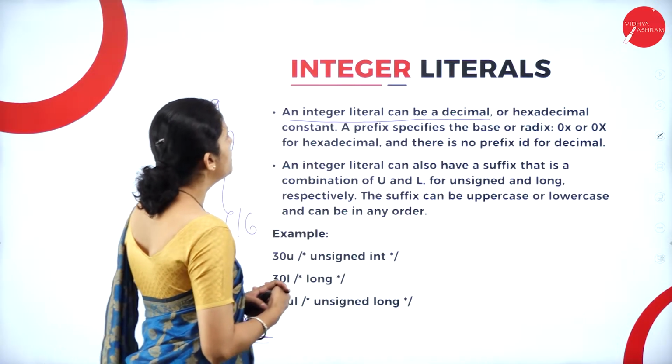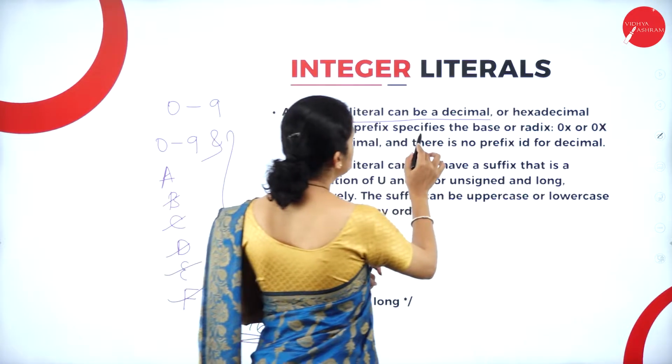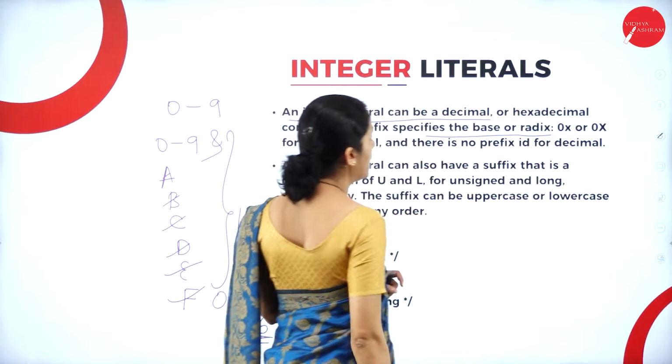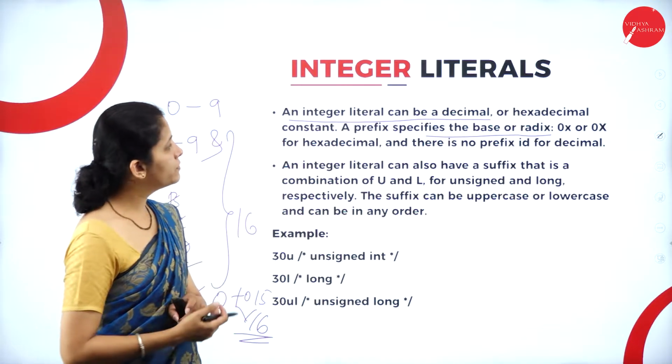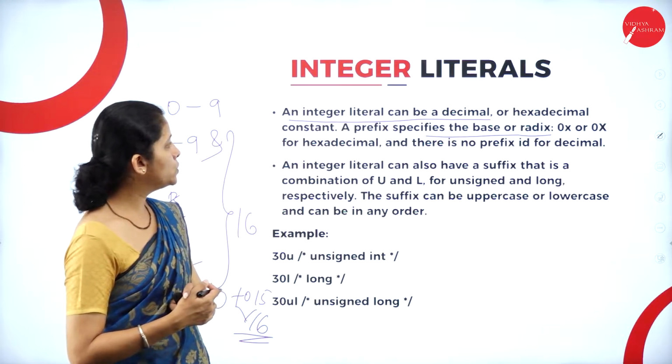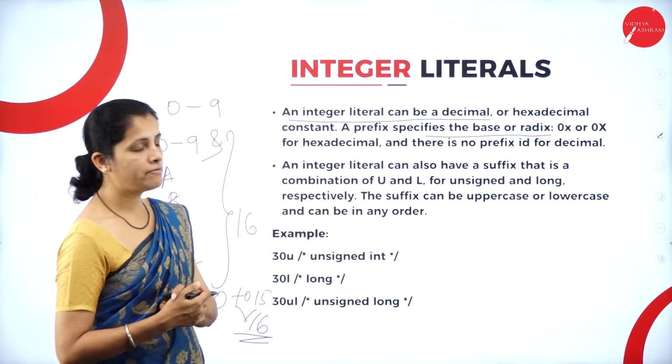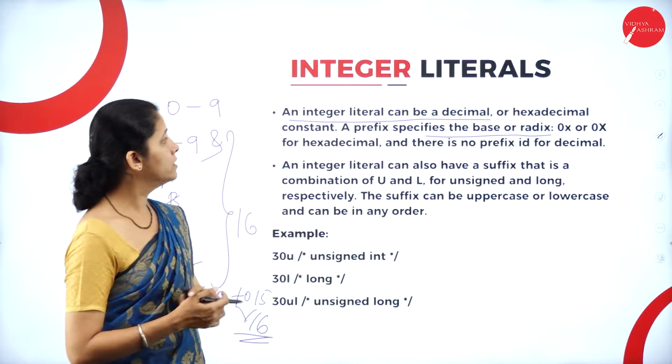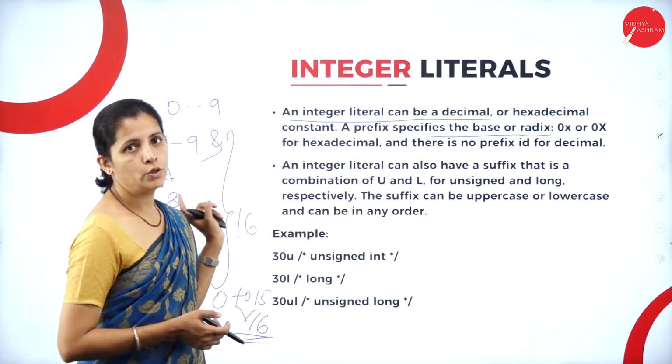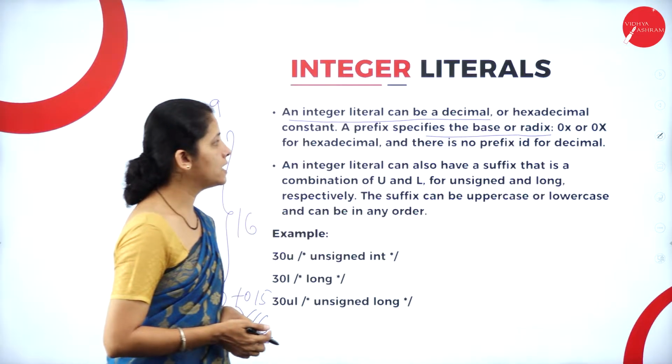constant. A prefix specifies the base or radix. So whatever prefix I'm going to use is going to specify what kind of literal I'm going to use, that is decimal or hexadecimal.